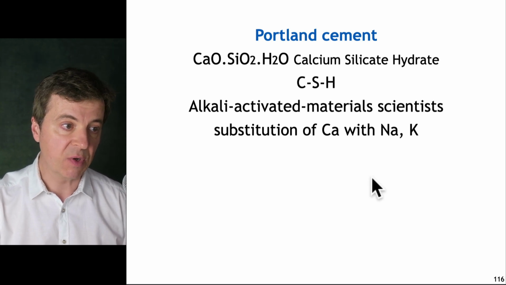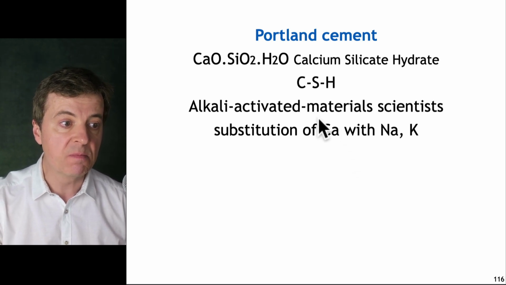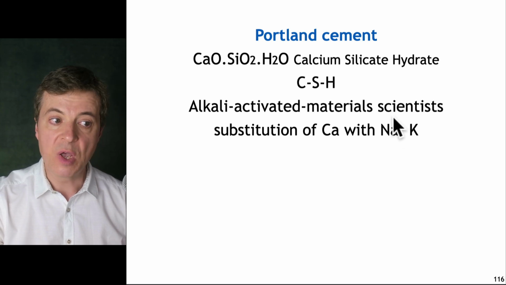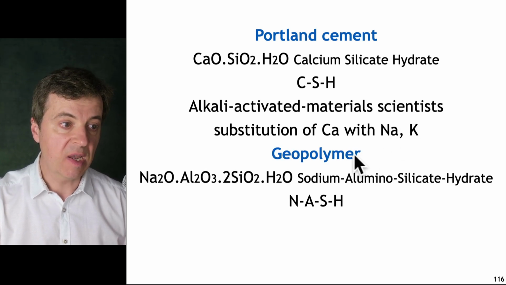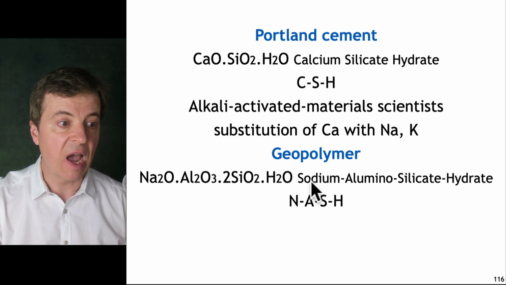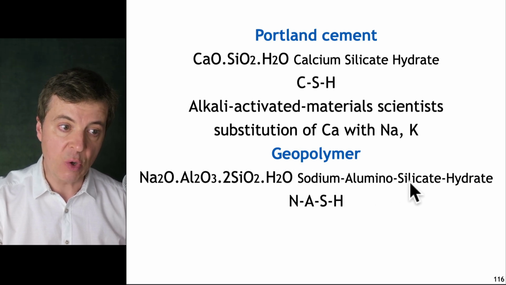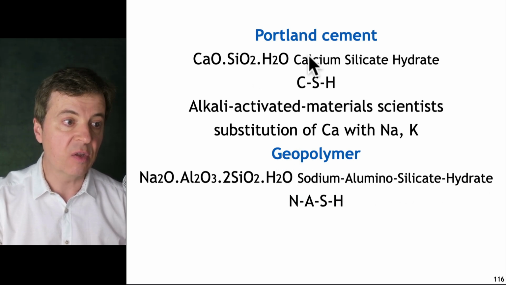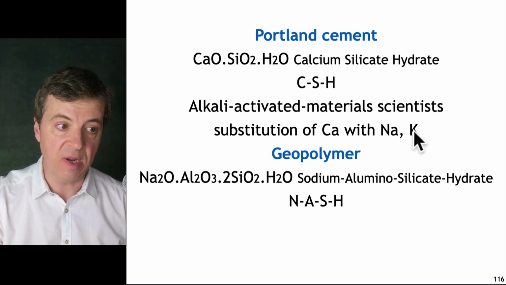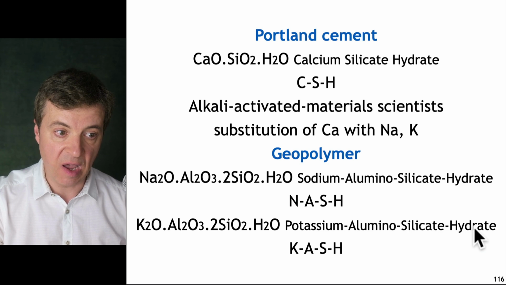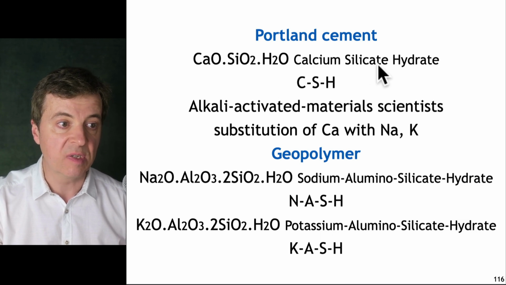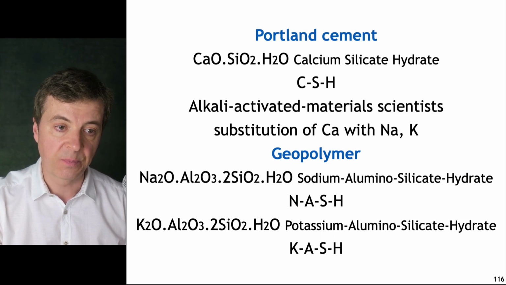Alkali activated material scientists want to substitute calcium with sodium or potassium. So they say that a geopolymer is either a sodium aluminosilicate hydrate instead of a calcium silicate hydrate, or a potassium aluminosilicate hydrate instead of calcium silicate hydrate.